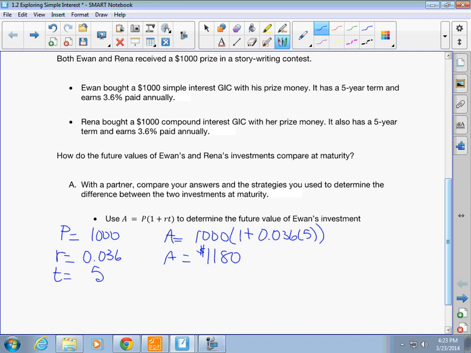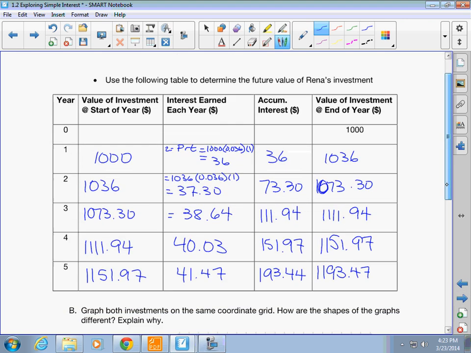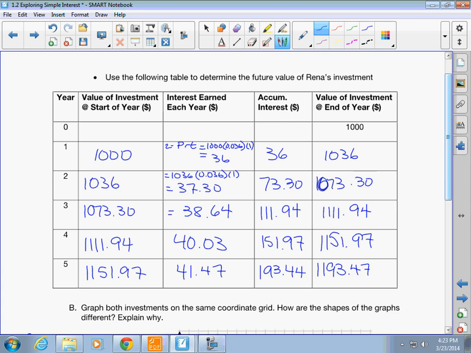When all was said and done at the end of 5 years at simple interest, he had $1,180, and she had $1,193. So she was able to earn a little bit more, not a lot, because it wasn't a huge investment, nor a big interest rate. She still made an extra $13 more than he had.